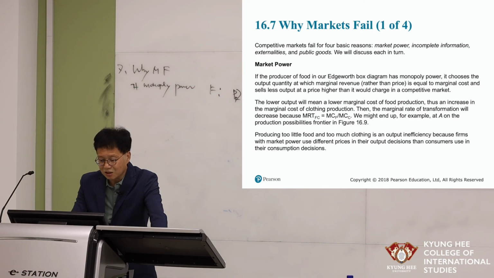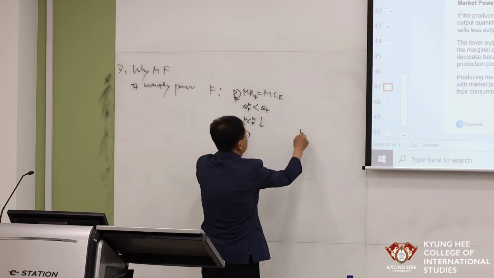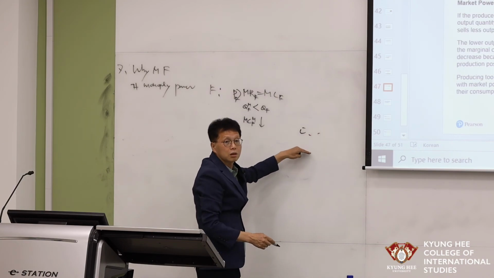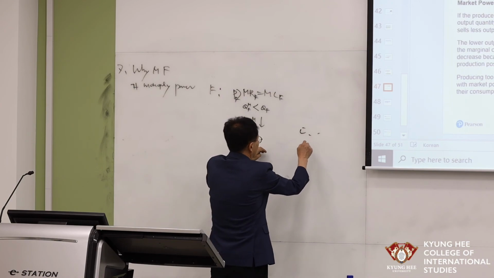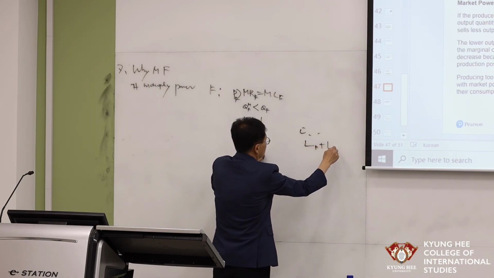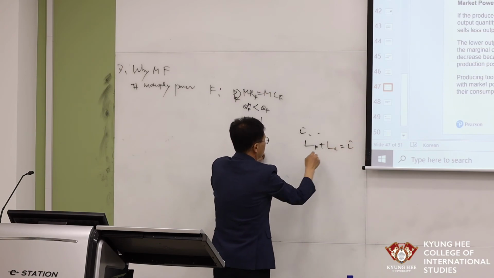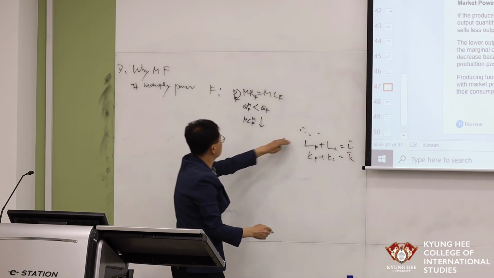Thus, an increase in the marginal cost of clothing production. Then what happens? L bar, K bar, same, right? So labor in food plus labor in clothing is L bar, KF plus KC is K bar like this.